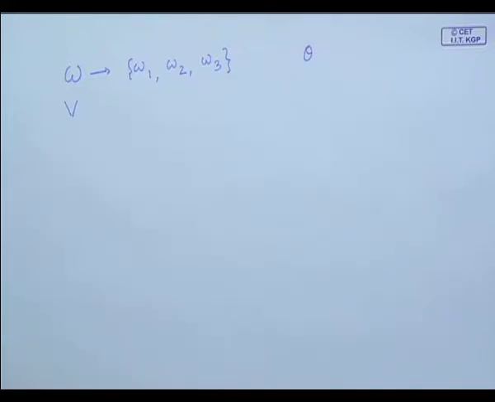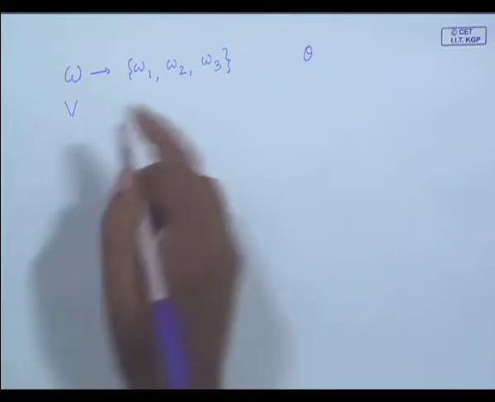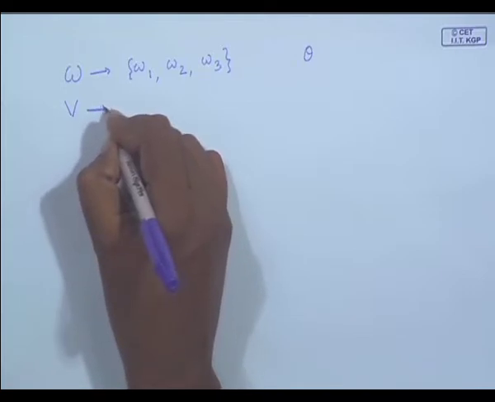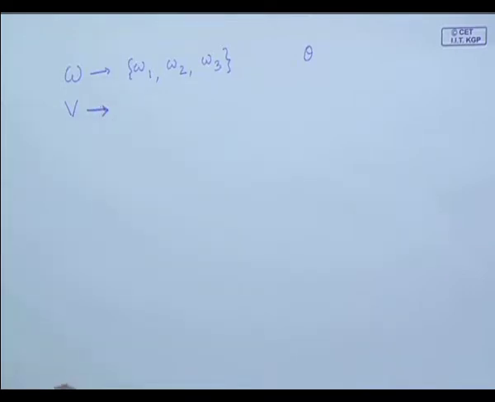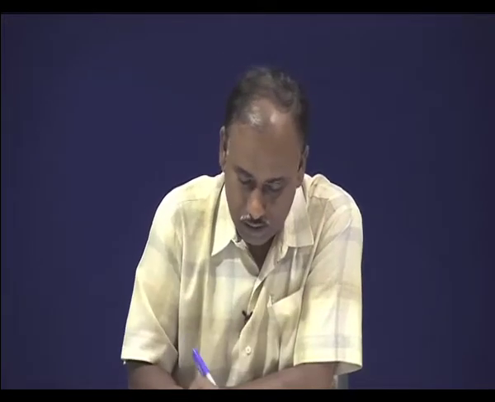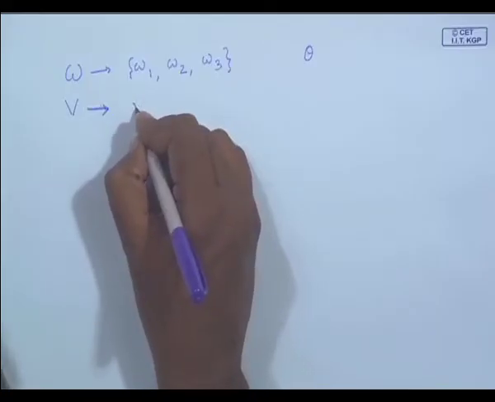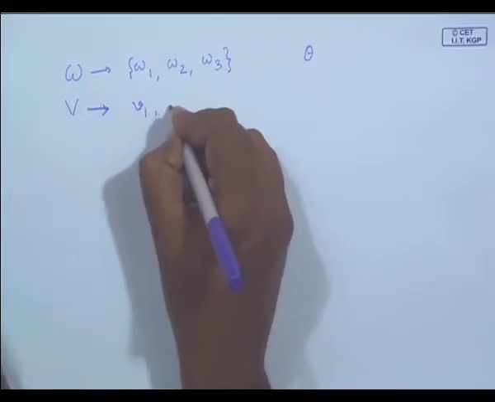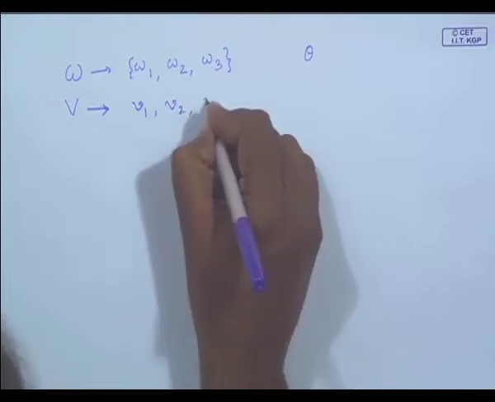We are calling the model theta, and V is the set of visible states, or visible symbols, which are emitted by this HMM theta when it is in a particular state. Let us assume that this can generate, say, 3 visible symbols V1, V2 and V3.